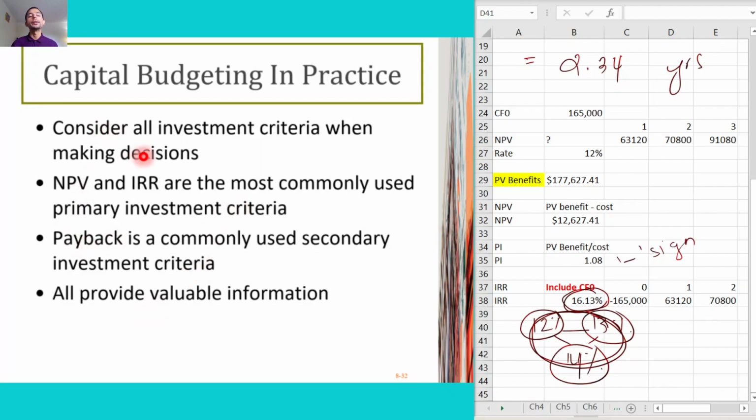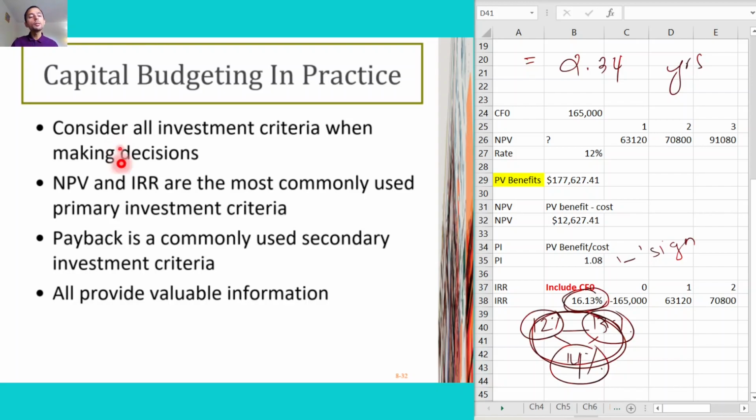Capital budgeting in practice. How do corporations apply capital budgeting in practice? Consider all investment criteria when making decisions. Look at all these four, maybe a few more, and see which of those criteria are speaking the same language.